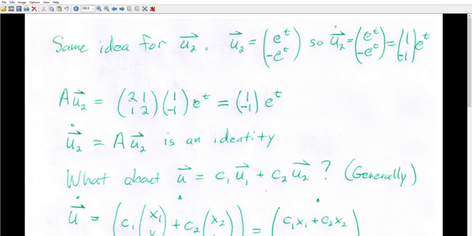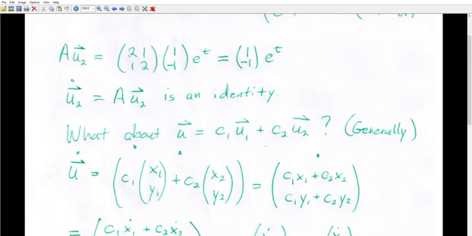The e to the t just sits there as a scalar, and we do this matrix multiplication, and we get (2, 1) dotted with (1, -1) is 1, and (1, 2) dotted with (1, -1) is -1. So A times u2 is (1, -1) e to the t, which is exactly what u2 dot is. So u2 dot equals Au2 is an identity.